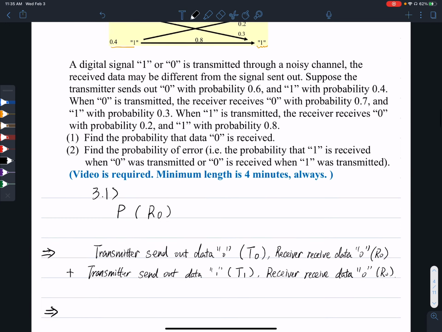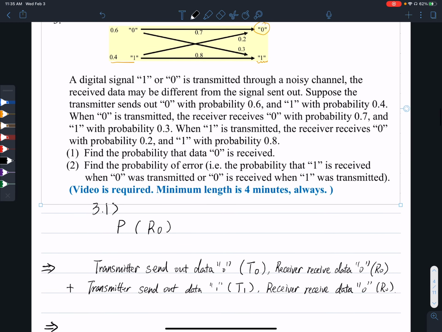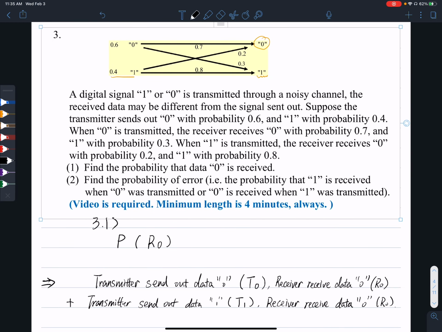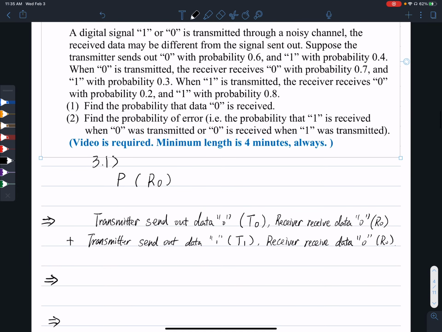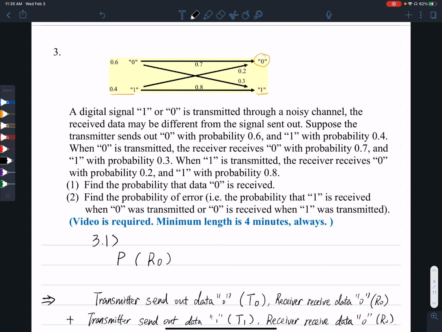Okay, so how do we calculate these two parts? The transmitter sends out data 0 with probability 0.6 for the first part. So we can see the probability the transmitter sends out data 0 times, given this condition, the receiver receives data 0.